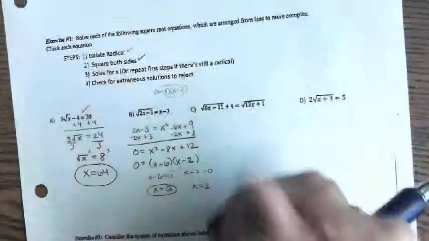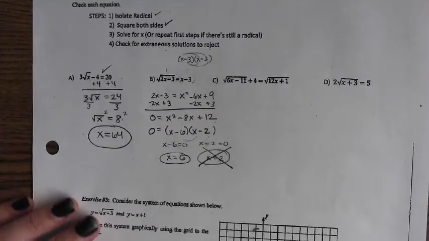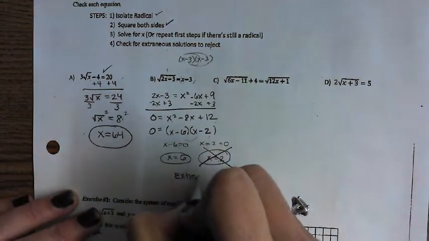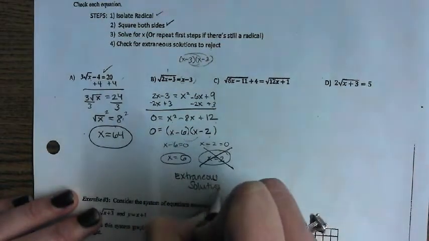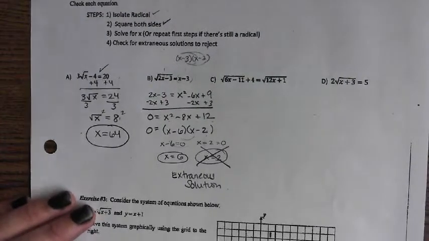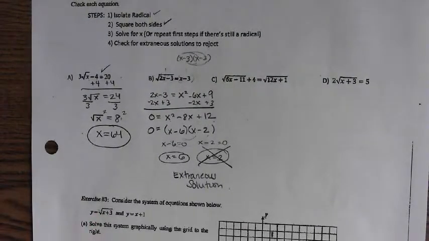So there you see your first example of what is called in math an extraneous solution. That's a vocab word you need to know. It's like extra, E-X-T-R-A-N-E-O-U-S, extraneous.